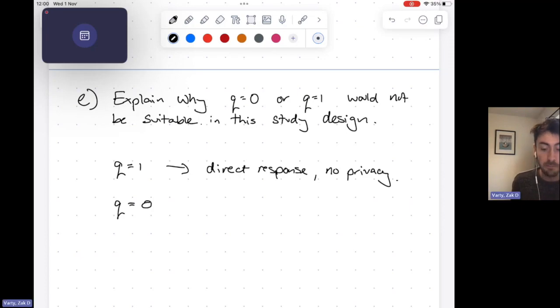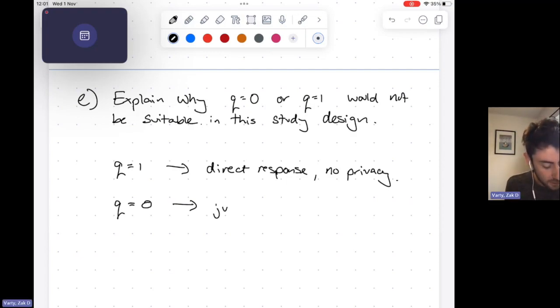At the other extreme, if q is equal to 0, then every student replies randomly. What we'll get is the proportion q of students replying yes and 1 minus q saying no. And we've got no information in there about the actual population proportion. So we've gone too far the other way.